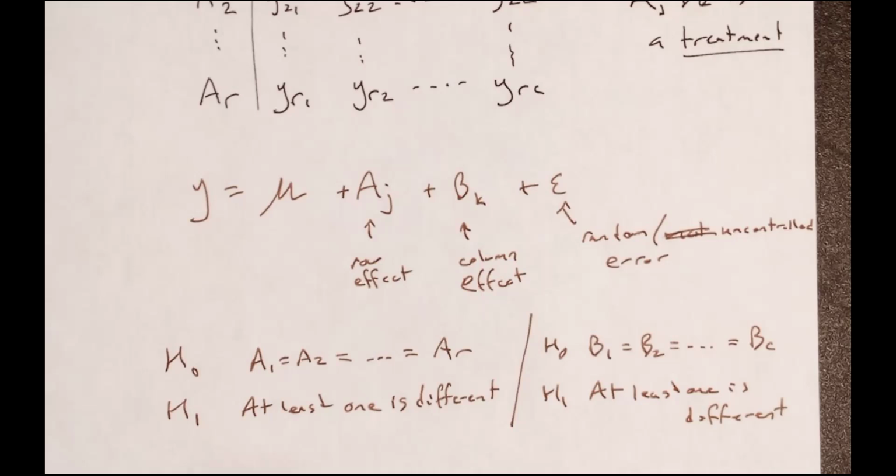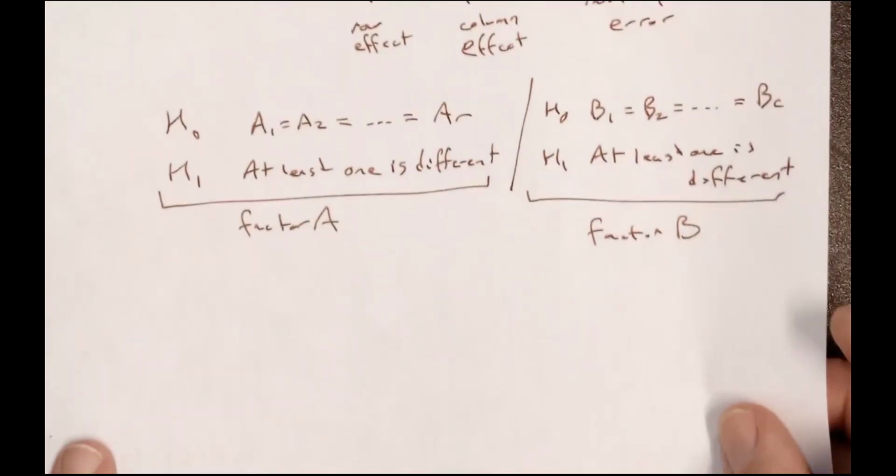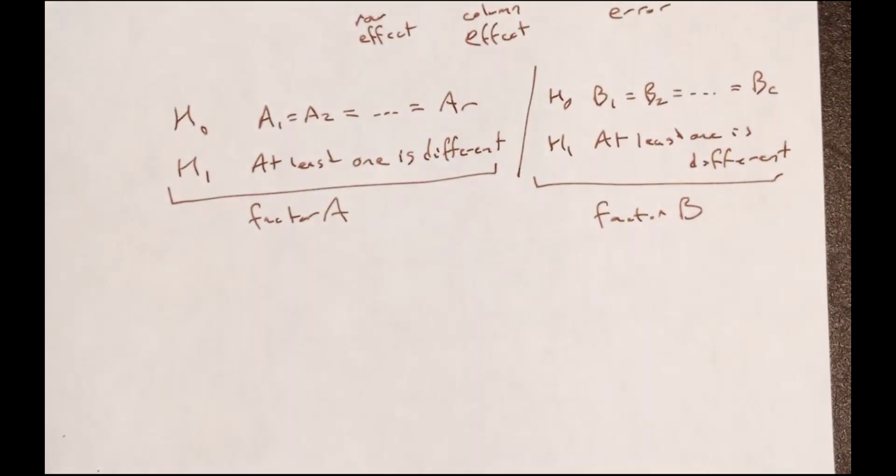So these are the hypotheses based around factor A. And these are the hypotheses based around factor B. If both null hypotheses are true, then there's one grand mean, and that's really all I need.